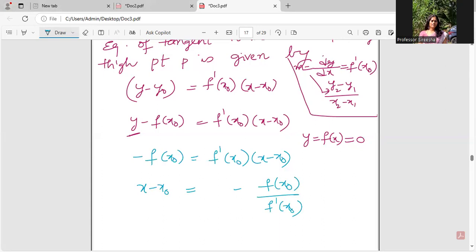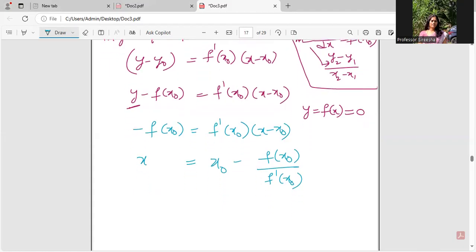Suppose if I bring this x naught towards this side, what will be that value? It would be nothing but x naught minus this. Or I will write properly: let x1 be the first approximation to the root.